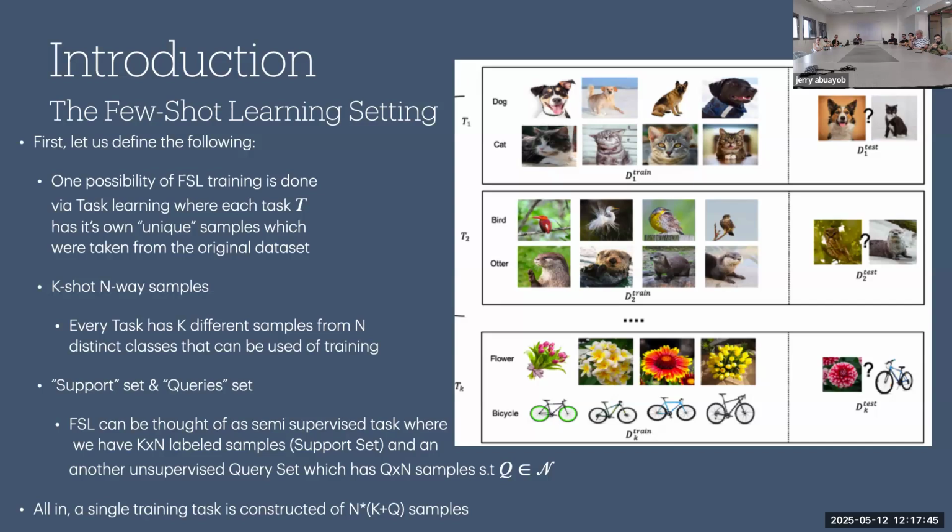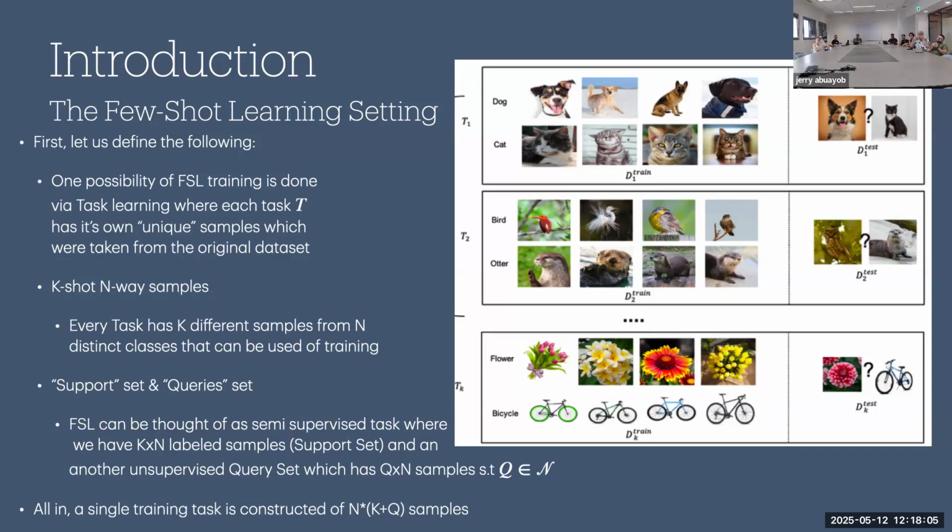There are multiple other settings, but this one is called episodic training or task training, where we can think of a task as a certain batch, and every batch has a support set and a query set.